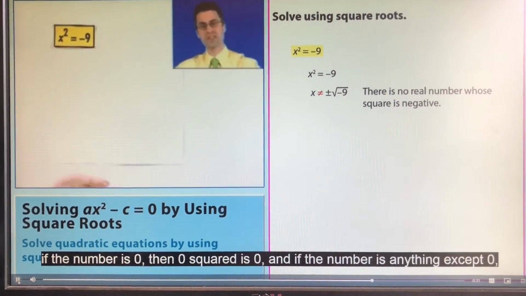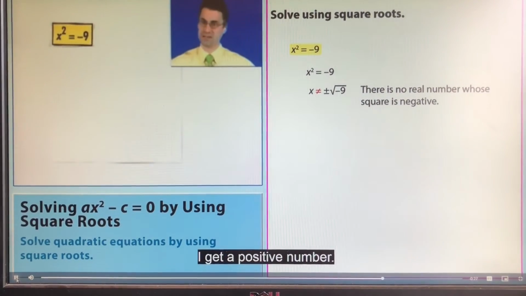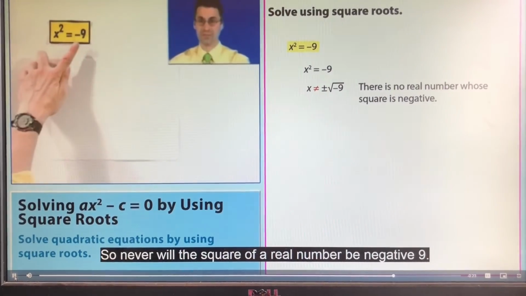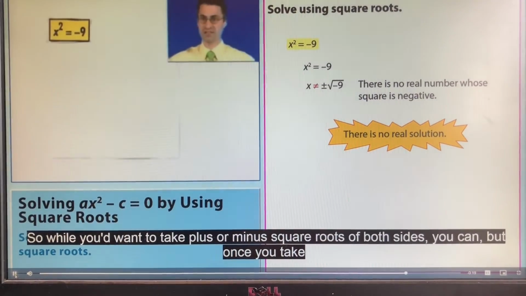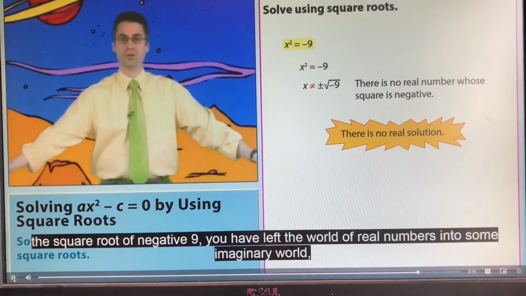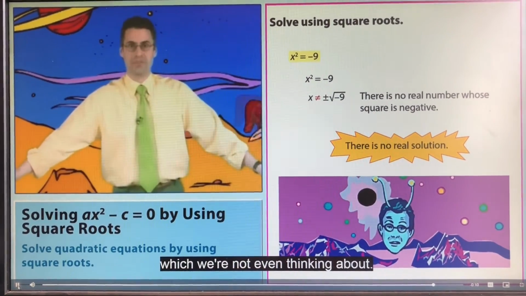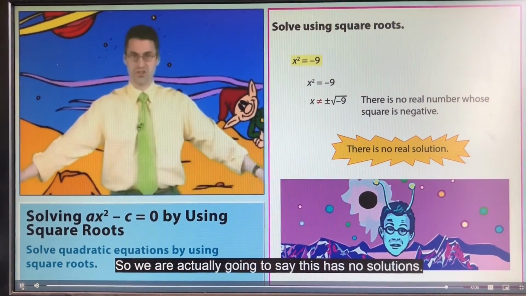And if the number is anything except 0, I take that real number and I square it, I get a positive number. So never will the square of a real number be negative 9. There are no solutions to this. And so while you'd want to take plus or minus square roots of both sides, once you take the square root of negative 9, you have left the world of real numbers into some imaginary world which we're not even thinking about. So we are actually going to say this has no solution.